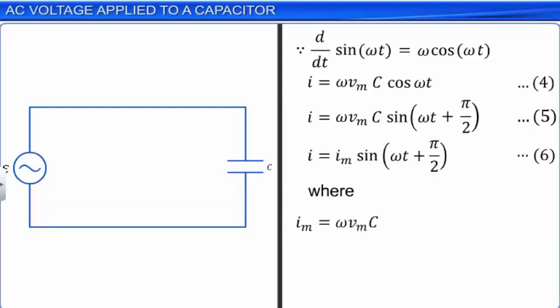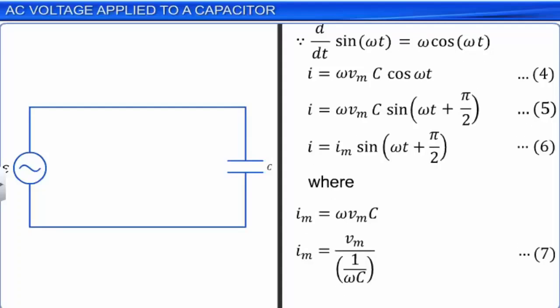The amplitude of the current, Im, can also be expressed as amplitude of voltage, Vm, divided by 1 by omega c. Let this be equation 7. Here, 1 by omega c is analogous to resistance and is called capacitive reactance.